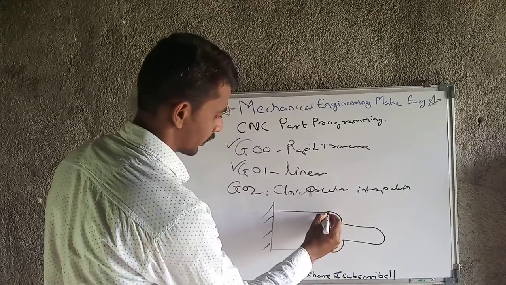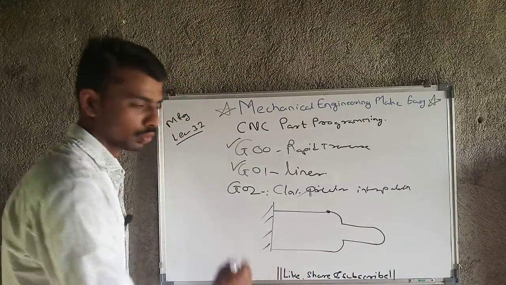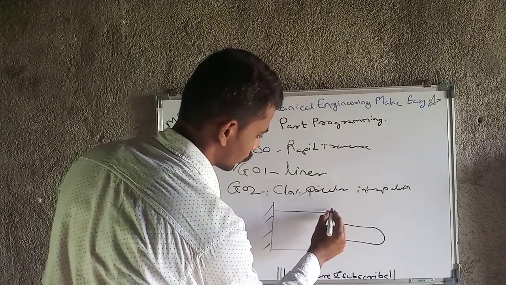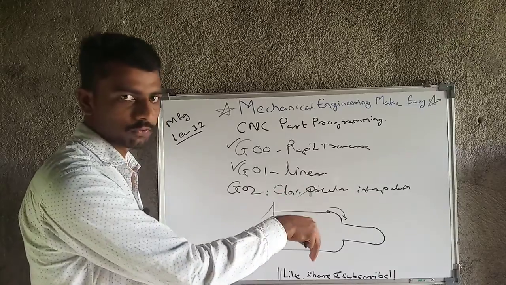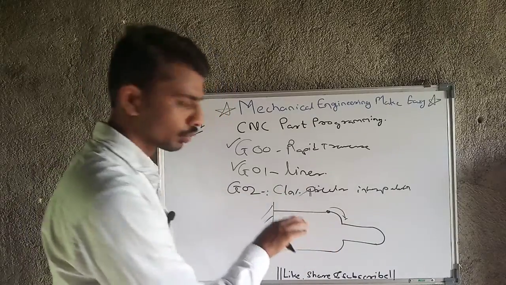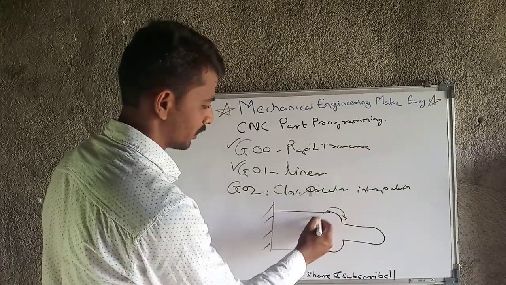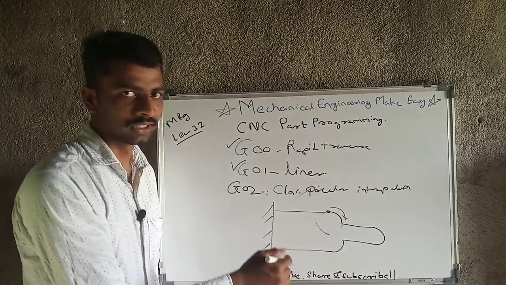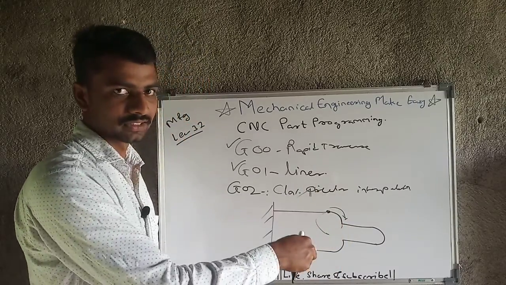Assume that the tool is here at the initial place, and now we have to move the tool clockwise, but in a curved form, maybe a circular arc, and ultimately it turns clockwise.